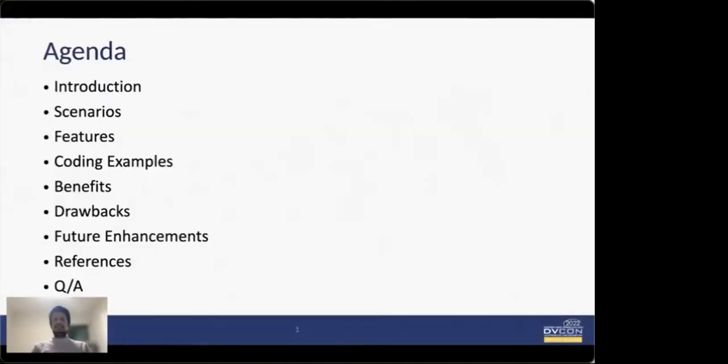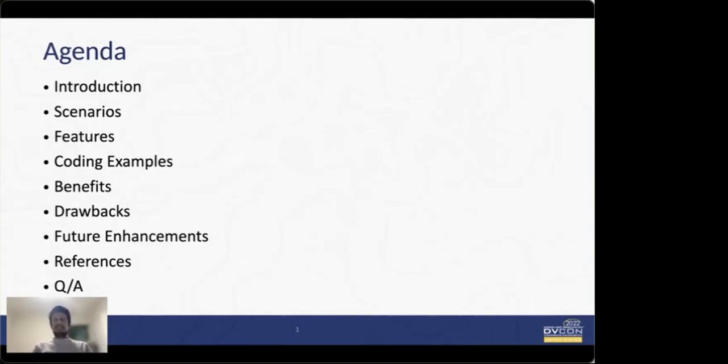Before I begin presenting, I just wanted to walk through the agenda of things we'll be discussing today. First up is a brief introduction on what the command line processor is. Next is a set of scenarios which were the inspiration for me to actually develop this code. Then we'll talk about some of the nitty-gritty features of the code, followed by some coding examples.